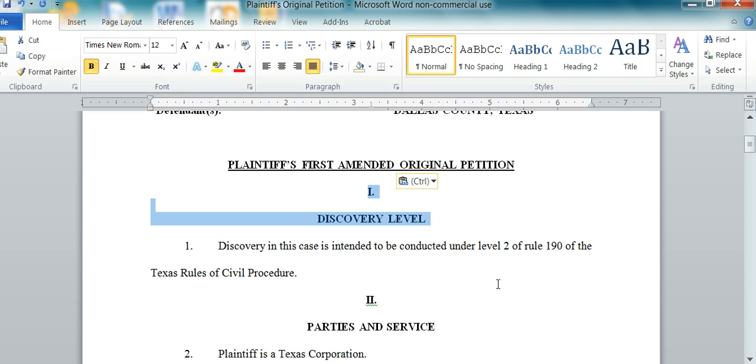Somewhere in the petition, the plaintiff is going to allege that the case is going to be conducted under Level 1, under Level 2, or under Level 3 of the Texas Rules of Civil Procedure. And what that tells you, or what that tells your lawyer, is which discovery rules apply to this case.